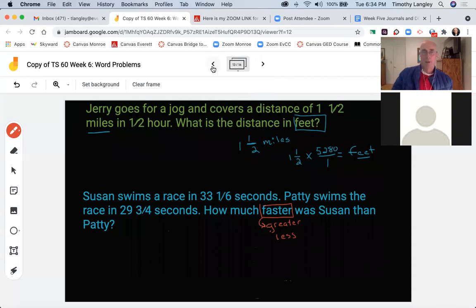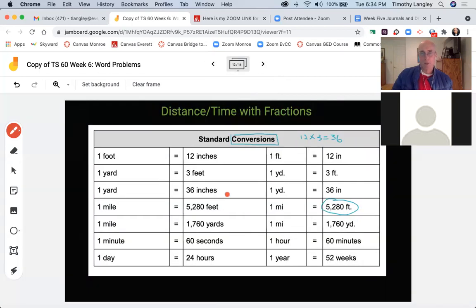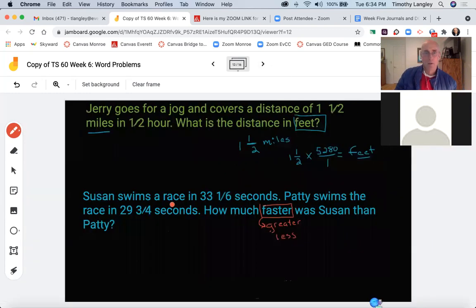If I look at my chart over here, 1 mile is 5,280 feet. So it wants to know one of these, 1 mile is 5,280 feet. He jogged, what does it say? He did 1.5 miles in that half hour. So he did this much.